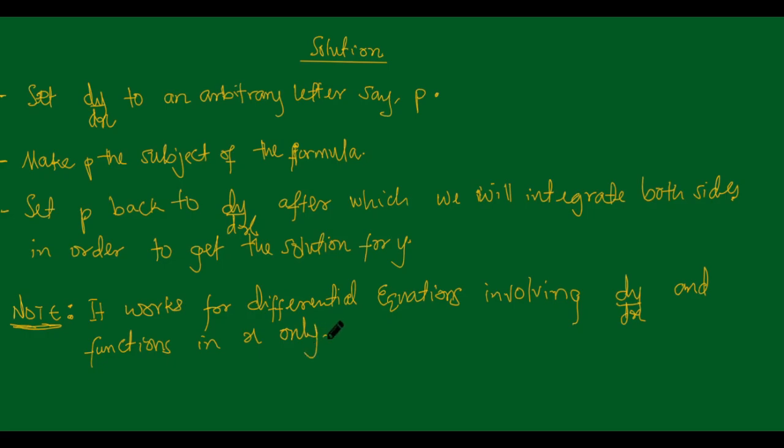So when you have a first order differential equation that only has dy dx and a function in x only, then you should apply this method, which is the equation solvable for p, because in that case p can be easily made the subject of the formula. So now let's go ahead and do this.